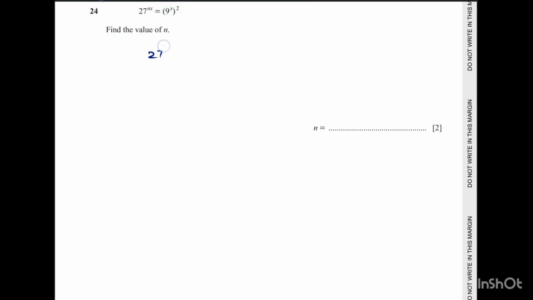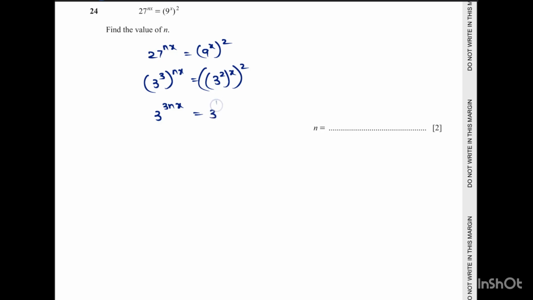Now when you see these two bases are not same, and you can convert these into same base by writing 27 as 3 cube whole raised to nx and 9 as 3 square whole raised to x again raised to 2. So 3 raised to 3 into nx will be 3nx, and 3 raised to 2 raised to x raised to 2 will be 2 into x into 2, that is 4x.